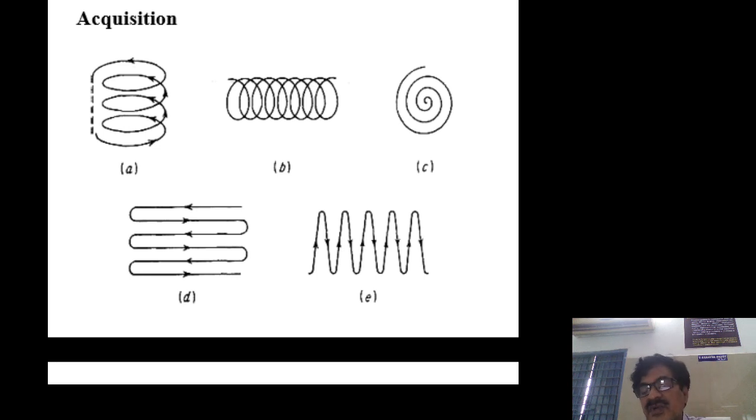Like that, the beam can follow different patterns for identification of the target in the search area, but each one has its own advantages and disadvantages. That is about the acquisition techniques of tracking radars. Okay, thank you.